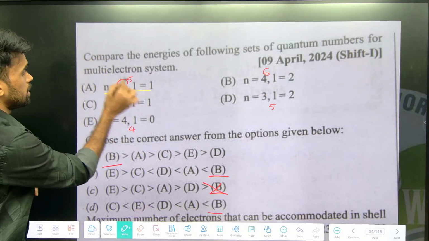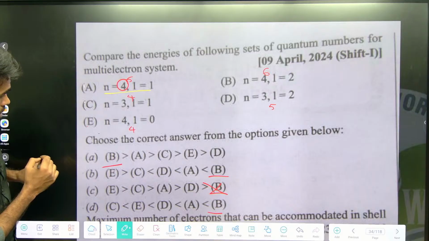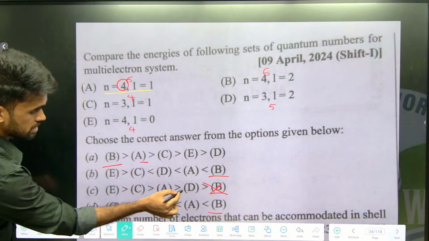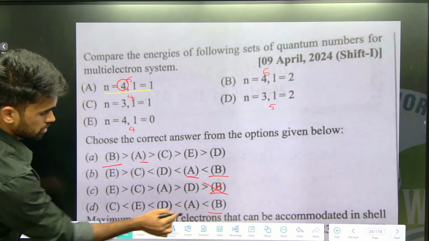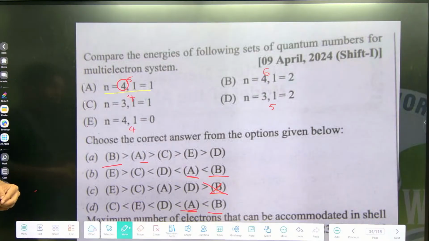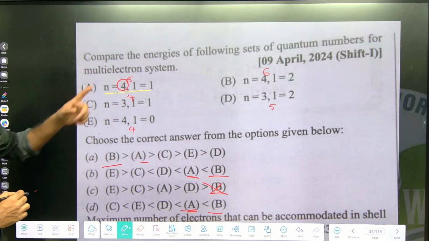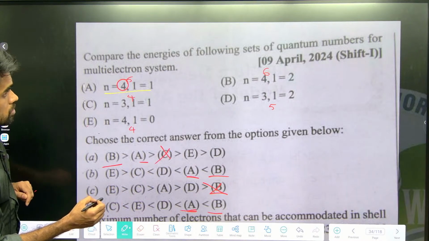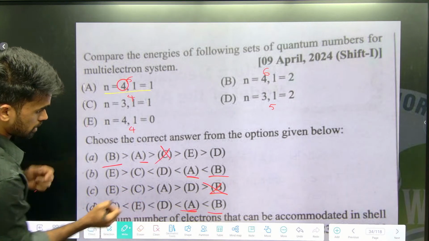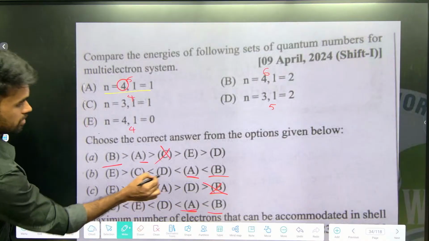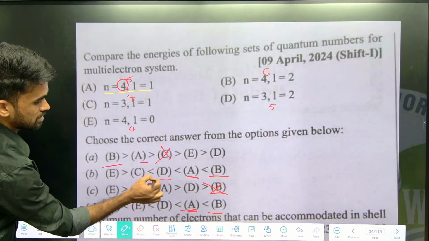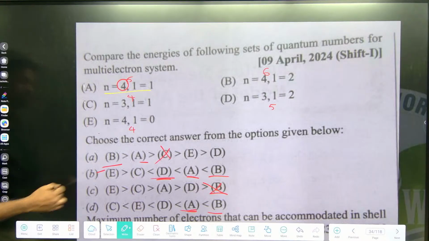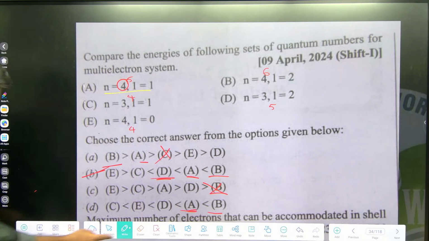So greater n here, A. Next after this, D, definitely D. So this is incorrect. What we checked here?